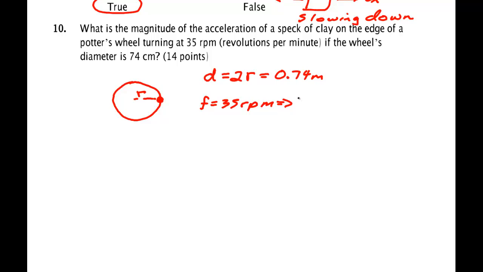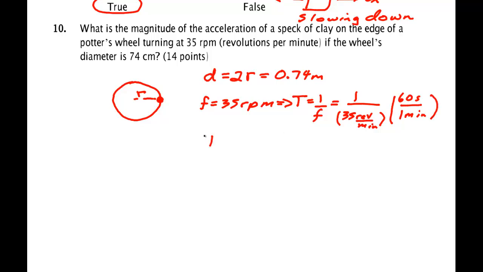So time is equal to 1 over the frequency. So that's 1 over 35 rev per min. But that's 60 seconds per 1 minute. So the time when I put that in is 1.714 seconds.